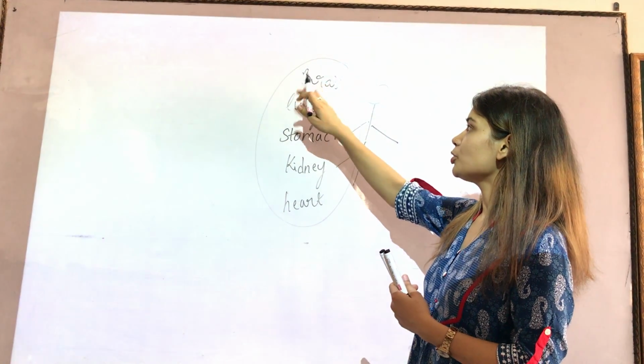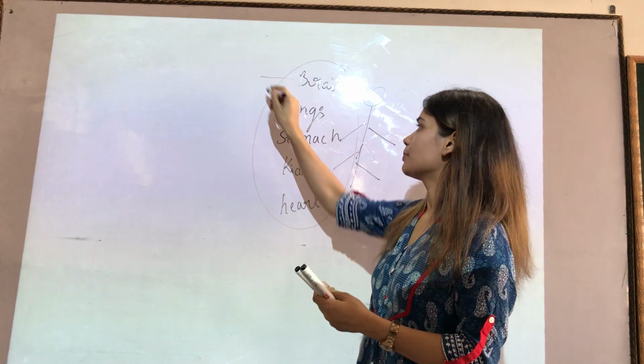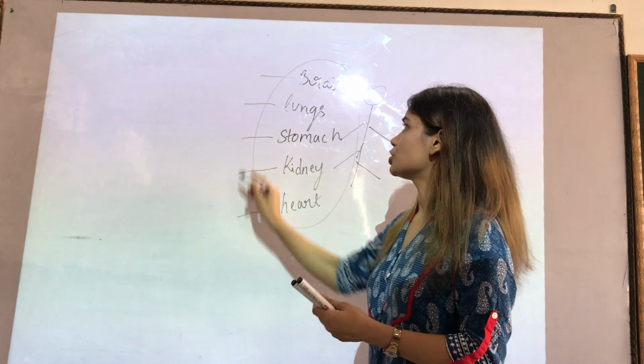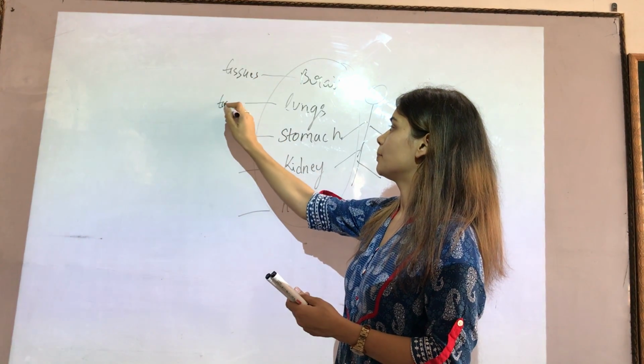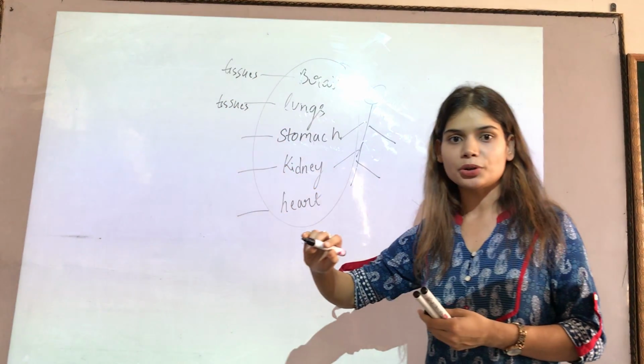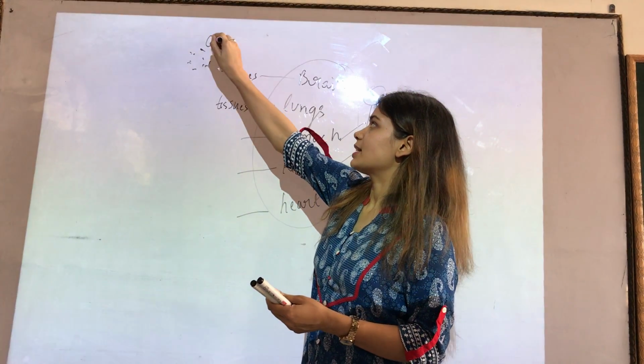So what do you think these organs are made up of? These organs are made up of different types of tissues, and these tissues are made up of groups of cells.